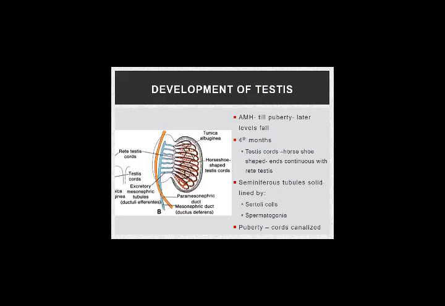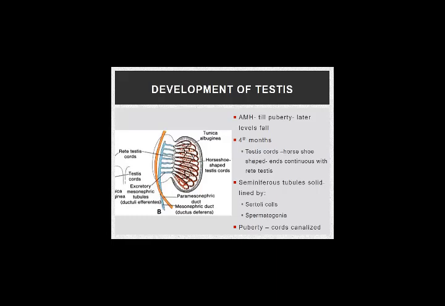Up till now, they are solid. In intrauterine life and in postnatal life, in childhood, these cords are solid cords. These solid cords acquire a lumen at puberty. So at puberty, these cords are canalized, meaning they acquire a lumen.